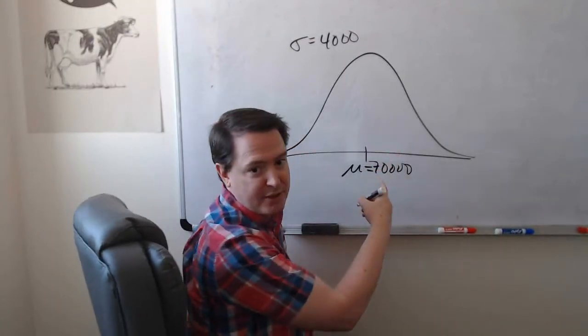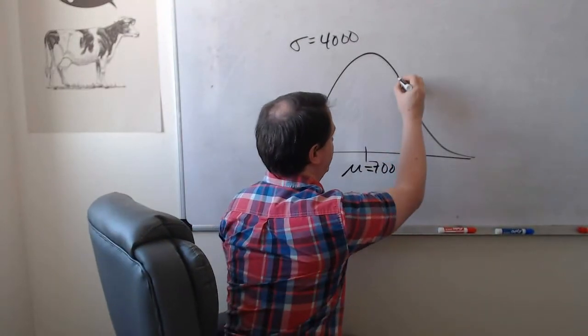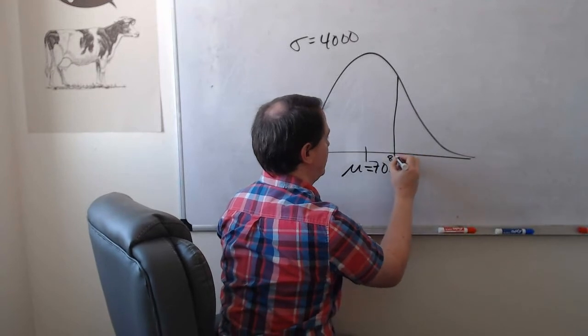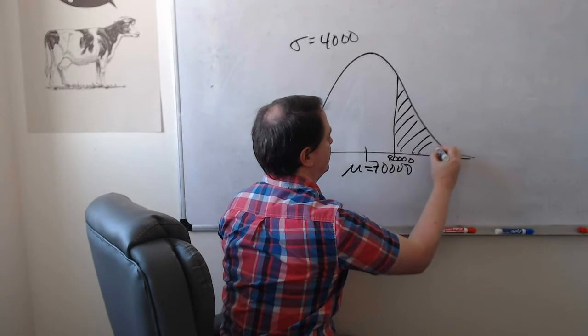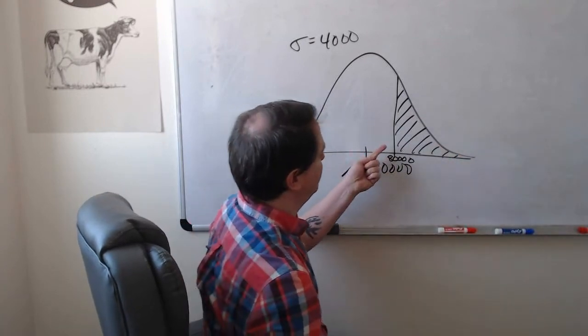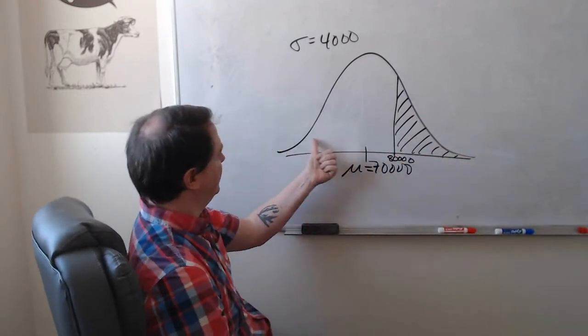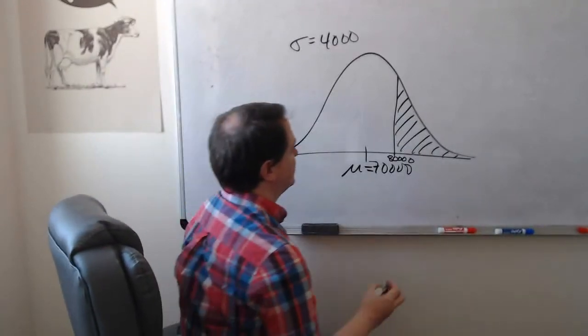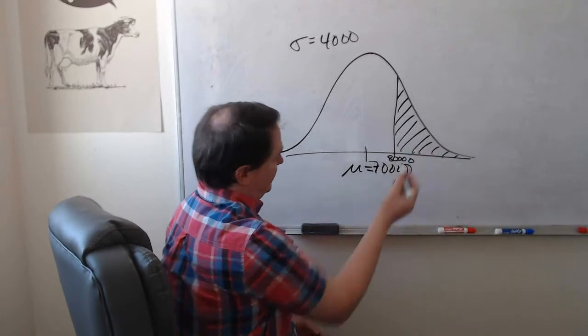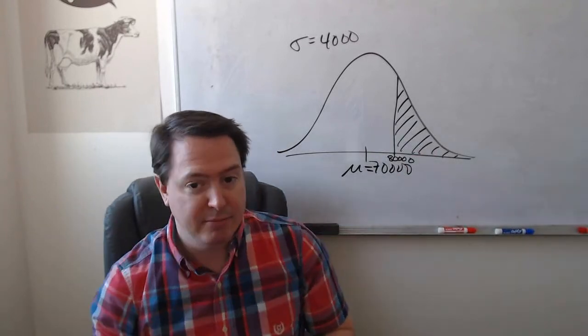So 80,000 is going to be over here somewhere. And we're looking for the probability that they make more than that. Right? So this is the right tail area; before we had the left tail area. These things over on the sides are called tails. So what I need to do now is just go over to Minitab and get that number.